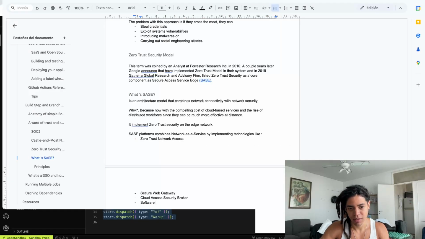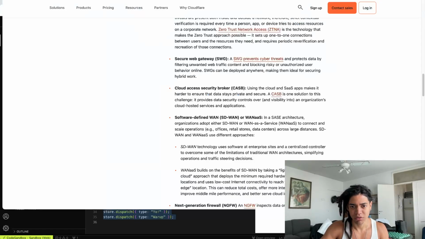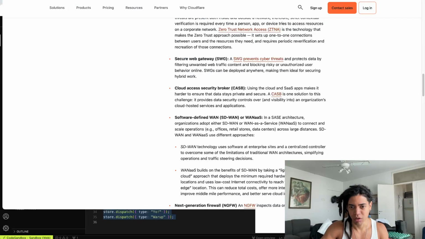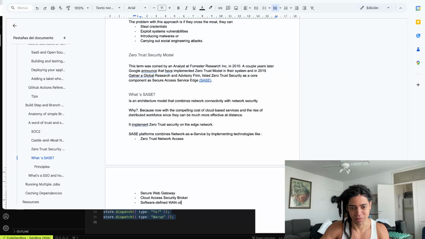Software defined WAN, or WAN as a service. Everything is a service.